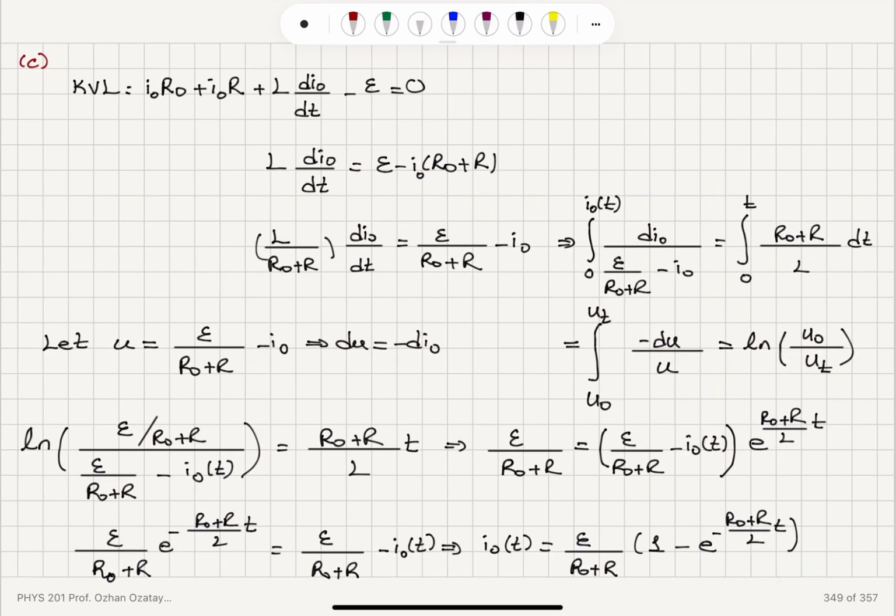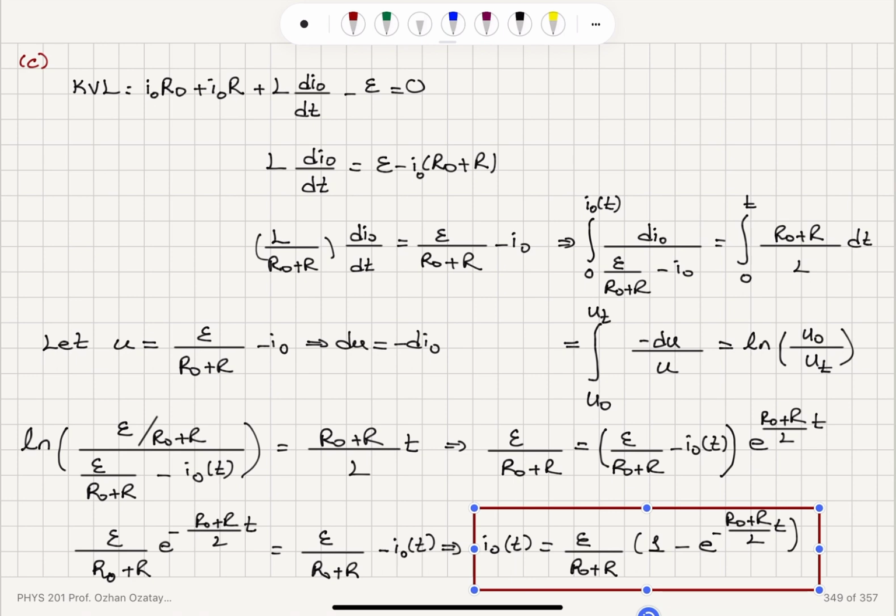Okay, so you can see that here, if this goes to the left-hand side, this goes to the right-hand side with a minus sign: epsilon over R0 plus R, parentheses, 1 minus the exponential, gives me I0 as a function of time. So that's my answer for I0 as a function of time.